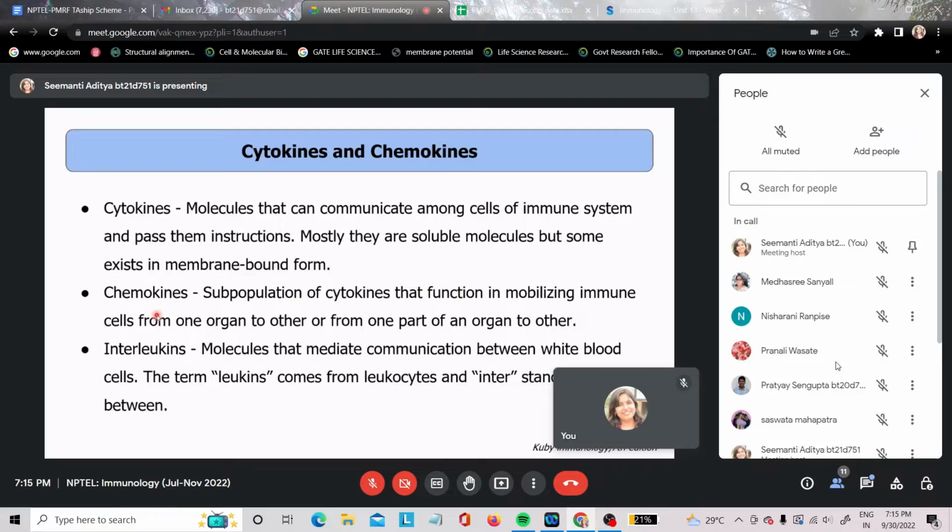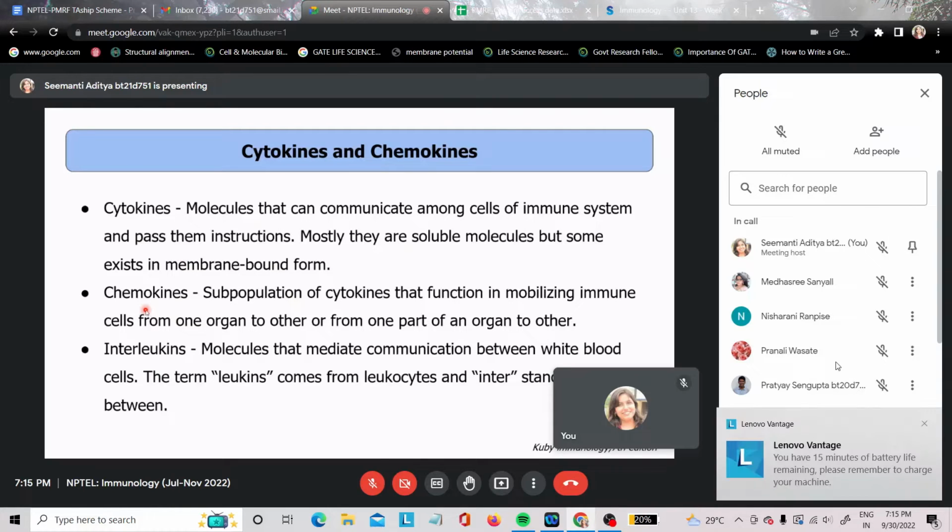So chemokines basically function on just the movement of the cells, whereas cytokines can function in signaling pathways. It can activate certain signaling pathways. It can activate inflammatory pathways. It can increase the amount of cytokine production from other cells. So everything cytokines can do, chemokines are more or less concerned about the movement of the cell, or the cell migration.